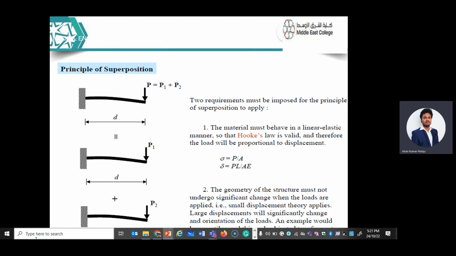So at each point you have to calculate stress, strain, and Young's modulus. To calculate stress, you should calculate load, because area you'll get from the dimensions. But you have to calculate load at each point. That load you will get from the dial gauge.